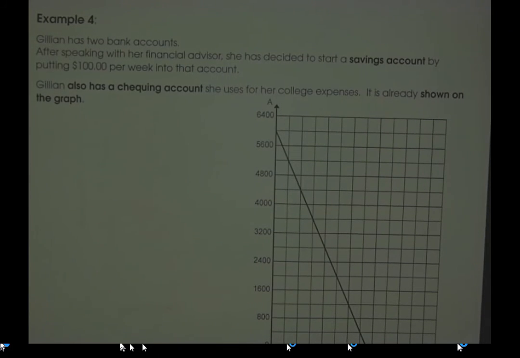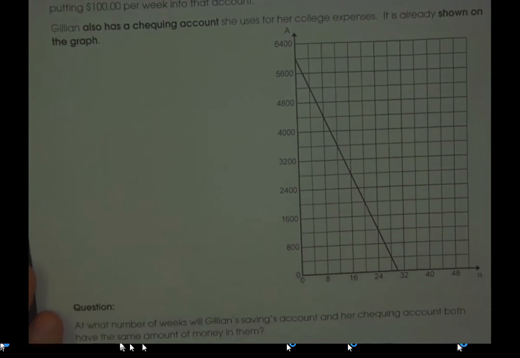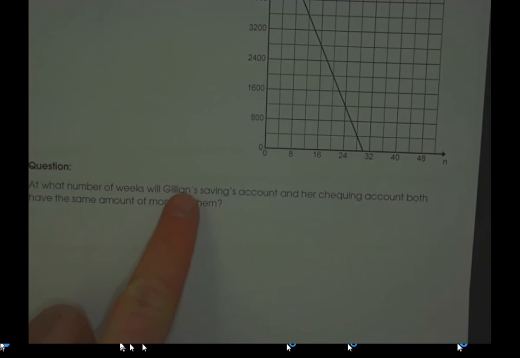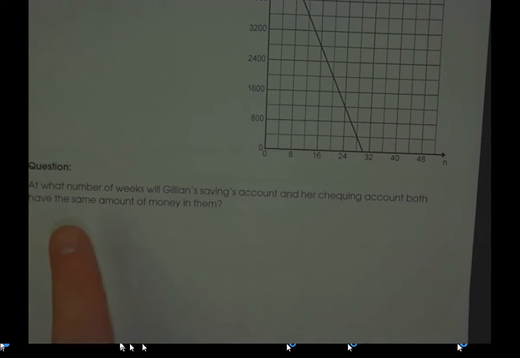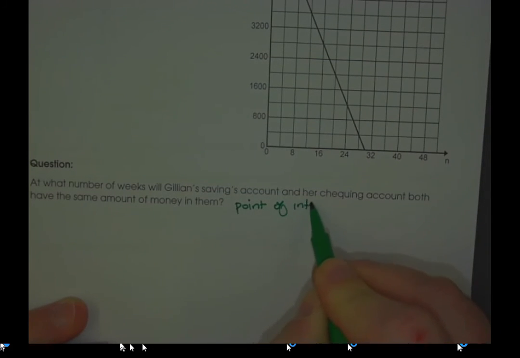Jillian also has a checking account she uses for her college expenses. That is this graph. The question is, at what number of weeks will Jill's savings and her checking account have the same amount? The question is, point of intersection.